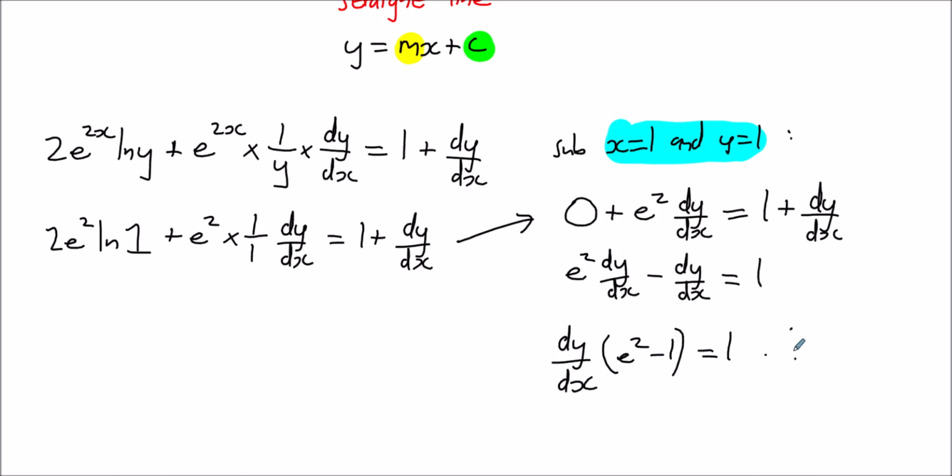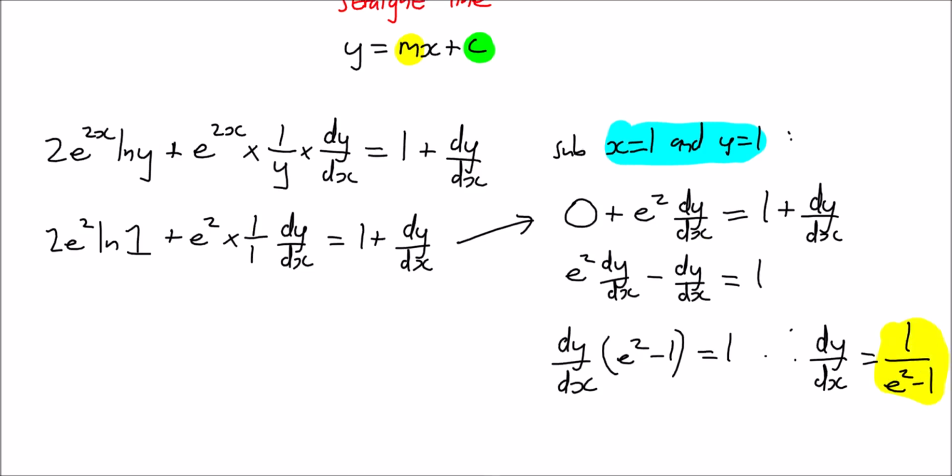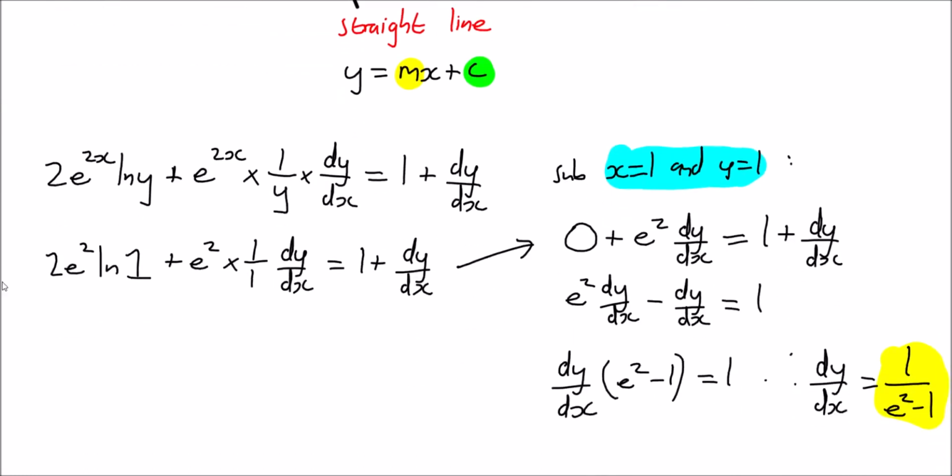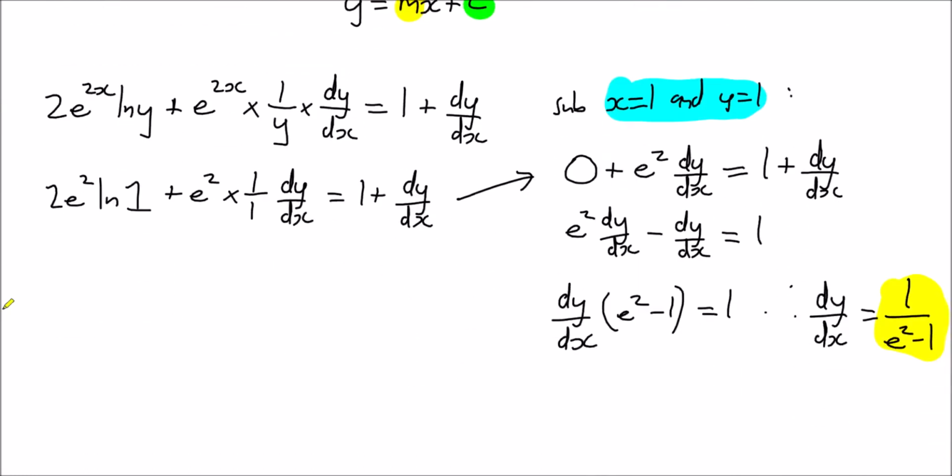So therefore, at the point 1, 1, dy by dx equals 1 over e squared minus 1. So that here is the gradient of the tangent to the curve at the point. So I worked out m is 1 over e squared minus 1, which if I scroll up now, that's what I wanted to prove, so I've got part of it. Now all I need is to find the y-axis intercept. So that's our next step to this problem.